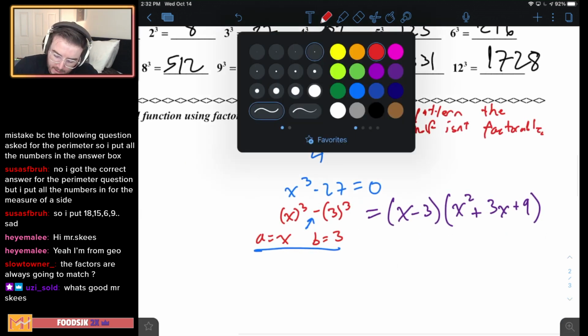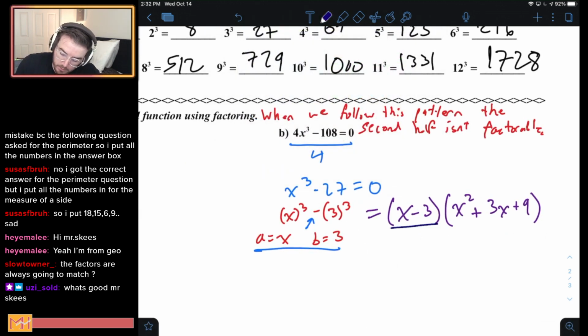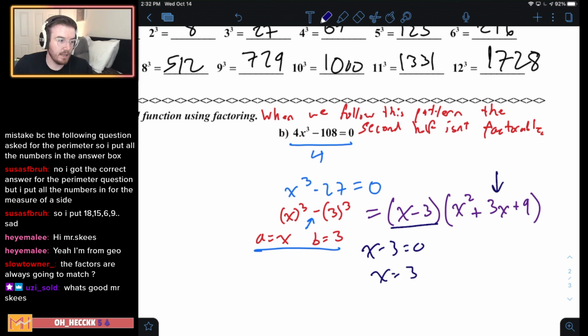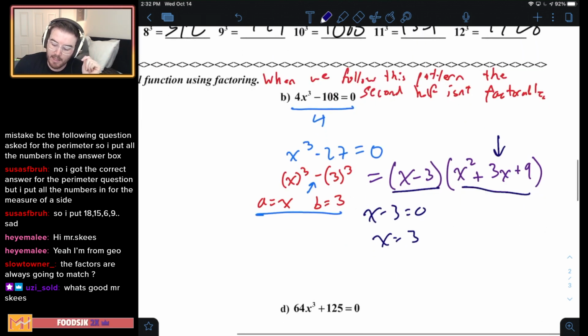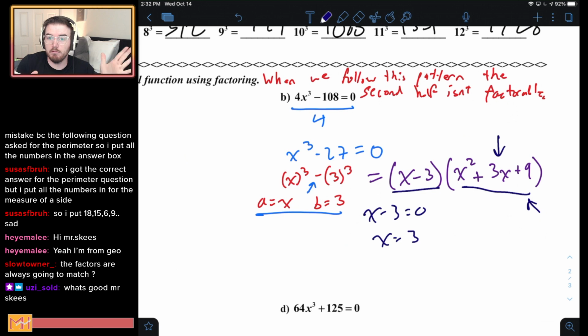What do I mean by that? We can look at this and go, the solution is 3. This, spoiler alert, anytime you have a difference of cubes or a sum of cubes, I'm telling you right now that this thing right here is not factorable. It is not factorable.